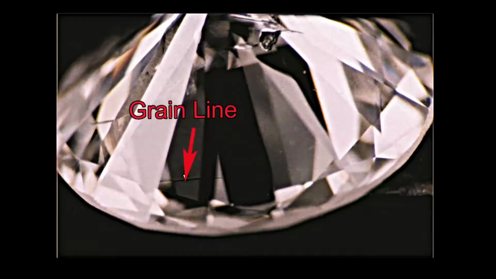Graining or twinning lines are essentially growth lines in the formation of the diamond and can be either external or internal. They cannot be removed because even the external ones are normally running in too deep. If you look at the first picture, there's an external grain line where there's an arrow, and it's on the surface of the diamond.